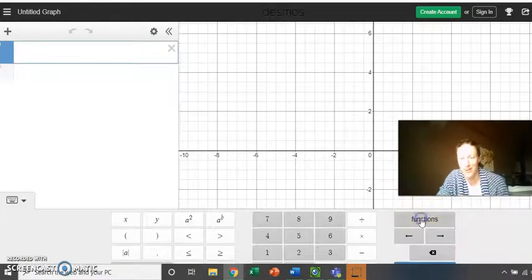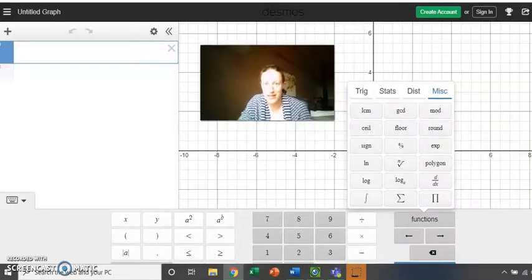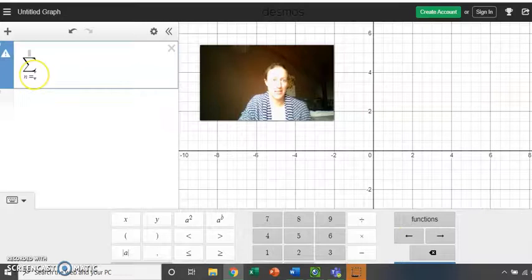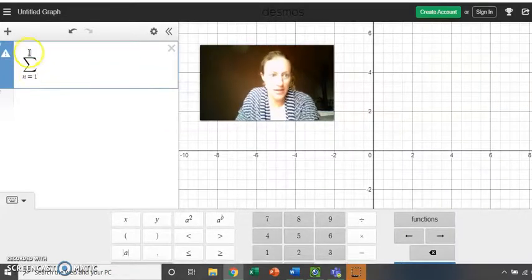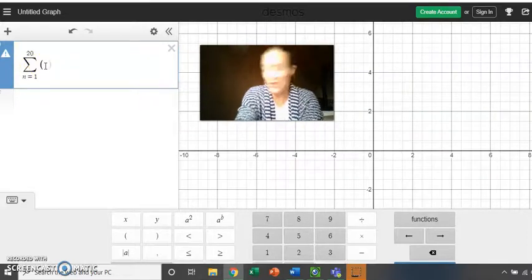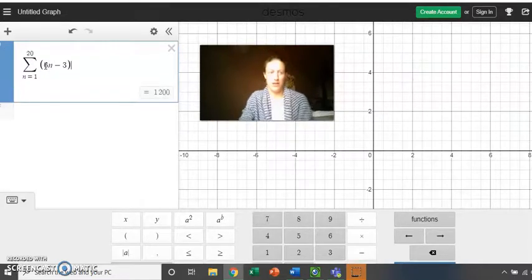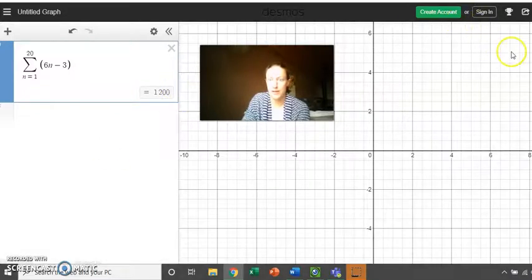If we go over to miscellaneous, there's the sum. So we went to Desmos, then the little keypad, then functions, and then miscellaneous. If we type the sigma button, it starts us off here. So I had 1 to 20, and their default is an n, so when we're in here, we'll have to use the n's. So 6n minus 3, and then it spits out 1200. And if you type that in MathXL, that'll work as well as the calculator. So there's that.